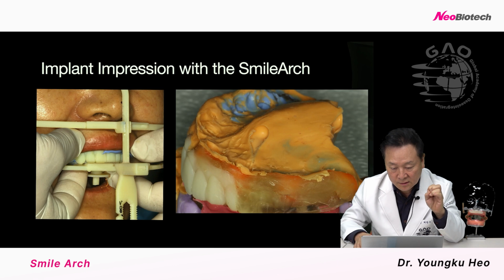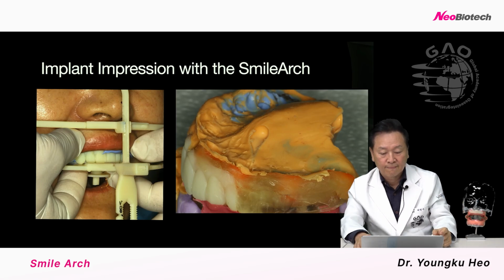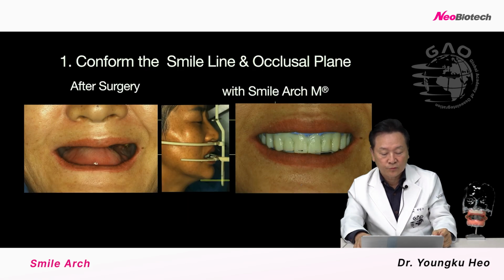So we're using this SmileArch. So we made the impression on top of the upper arch first, according to that SmileArch information. Okay. So we verify and confirm the smile line and occlusal plane from the patient's face.